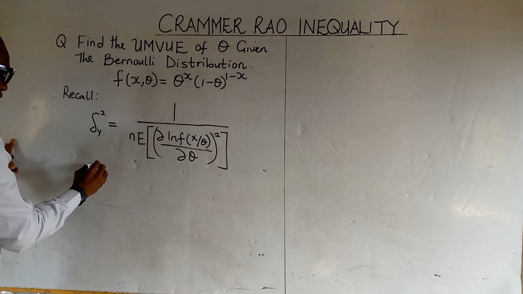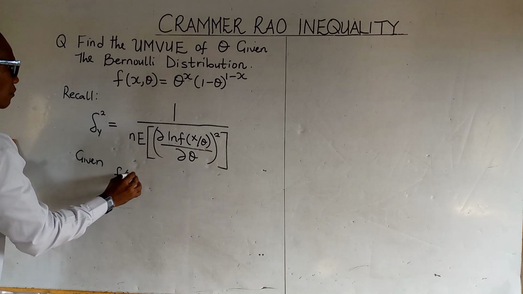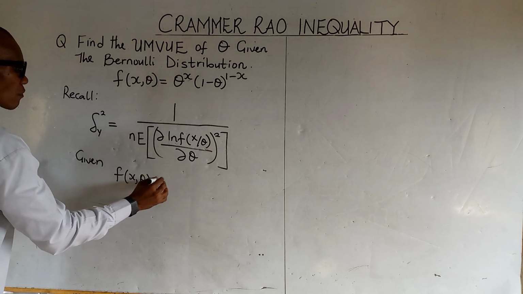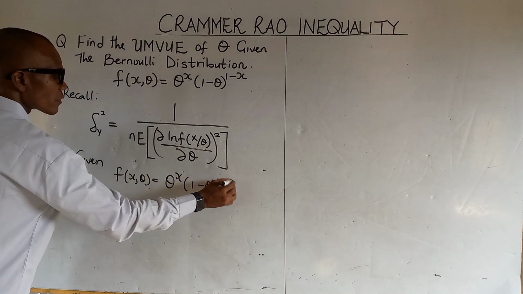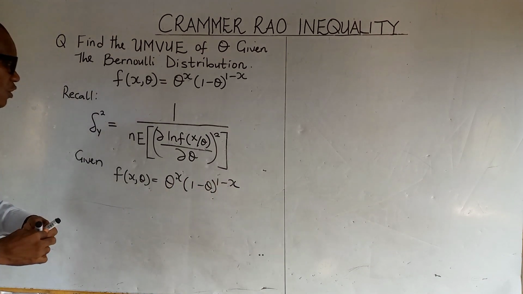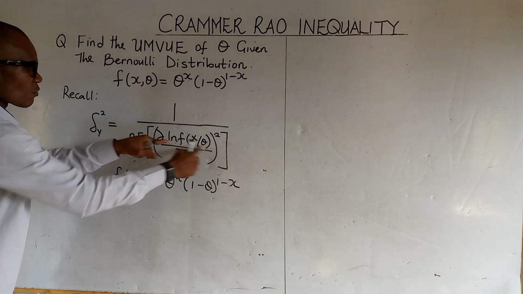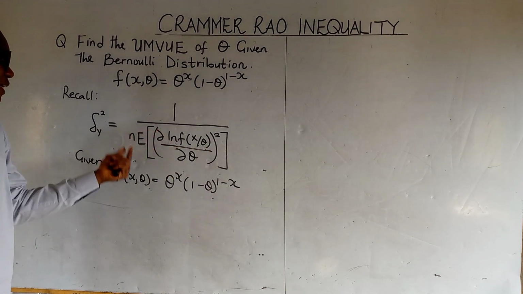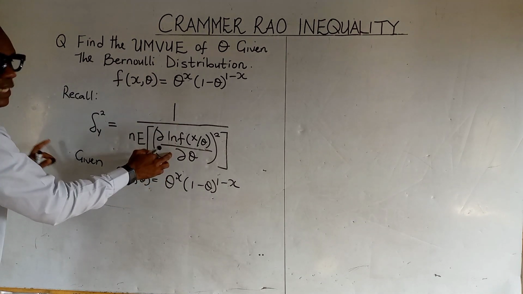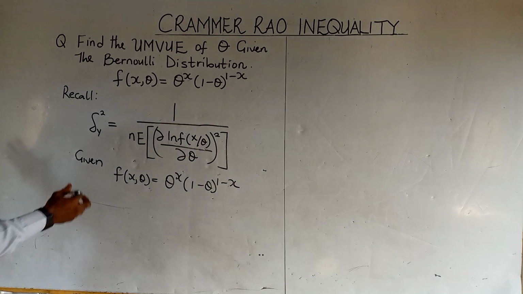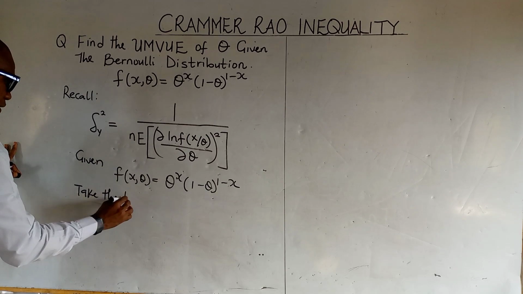So if we are given this distribution, f(x, theta) = theta^x (1 - theta)^(1 - x), all we need to do first is take the mean function before we differentiate and then compare it with the Cramer Rao inequality. So we take the log.